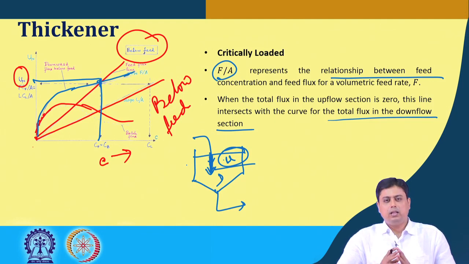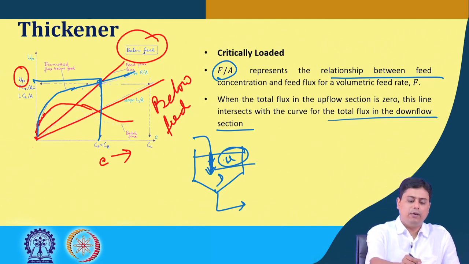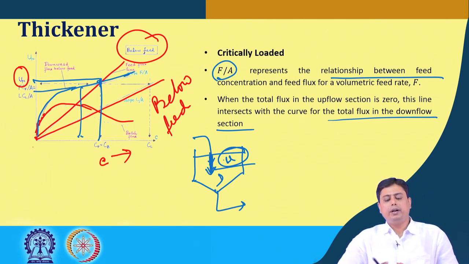The particles would flow in the upward section as well. Or if it operates at a value below this one, then it would operate in the underloaded condition. All the flux will be in the downflow section. So, let me reiterate once again.